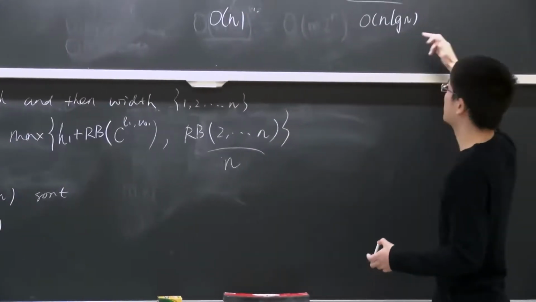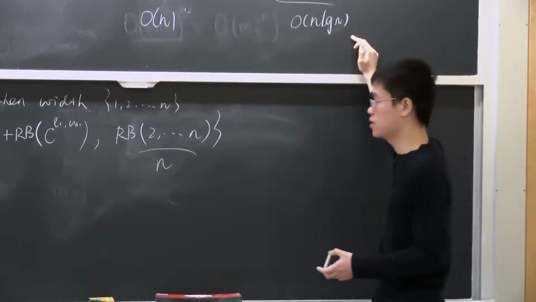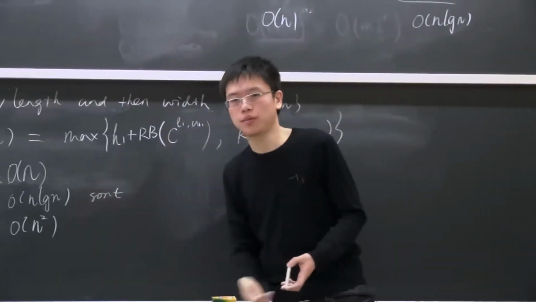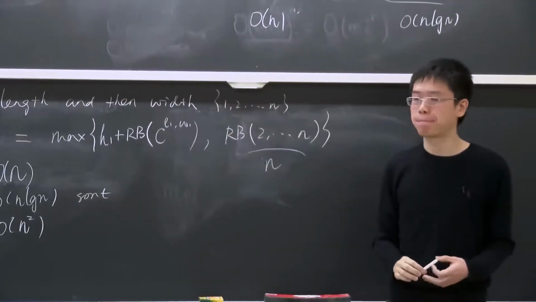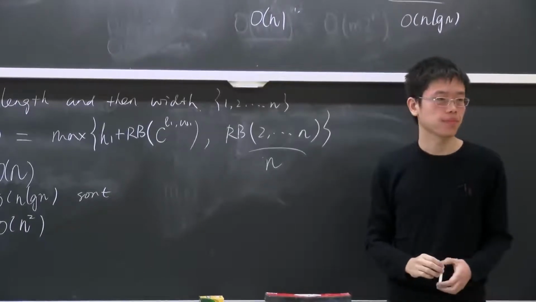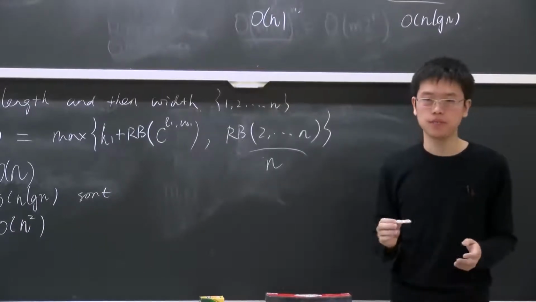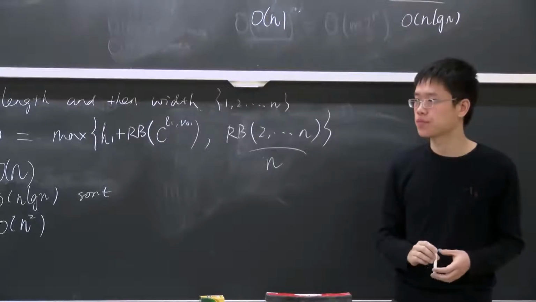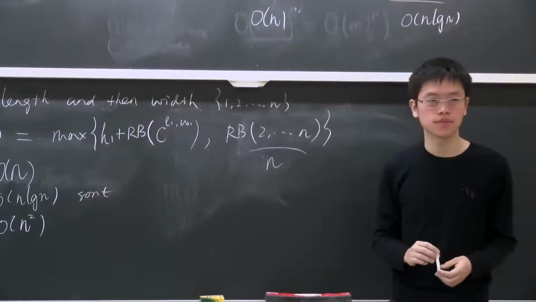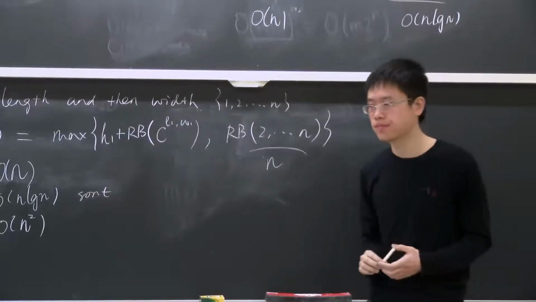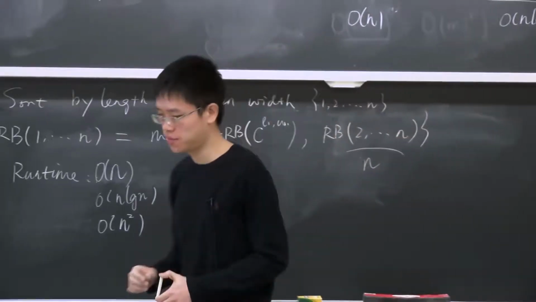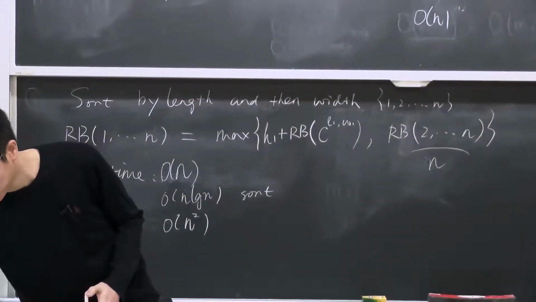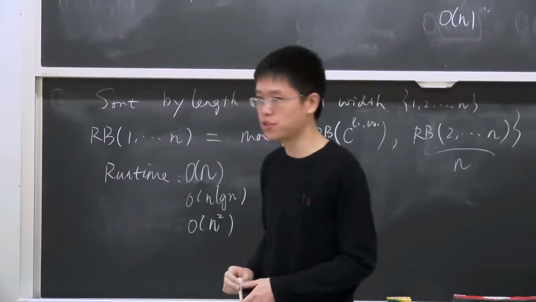But if there's an n log n solution to find these compatible sets, then my final runtime is n log n. Make sense? Any questions so far?